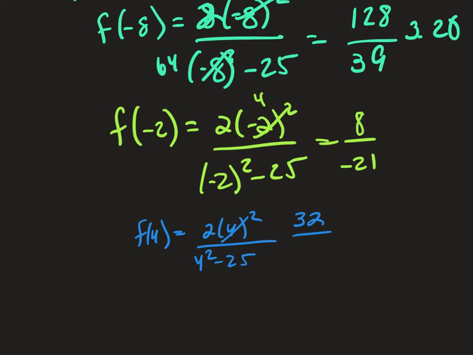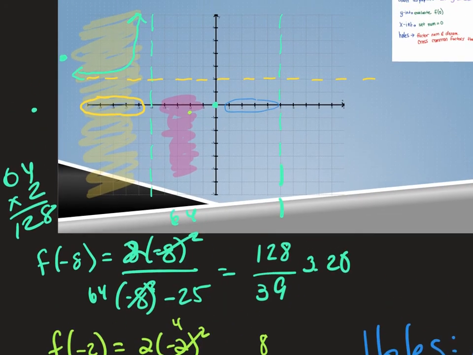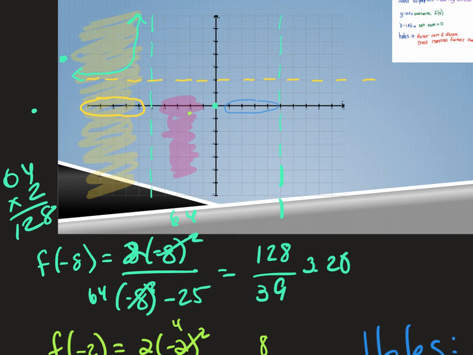Guys, I know what the answer is. What's 16 minus 25? -9. So 32 over -9. Does it really matter where it is? No, but I know it's not up here. How do I know it's not up there?